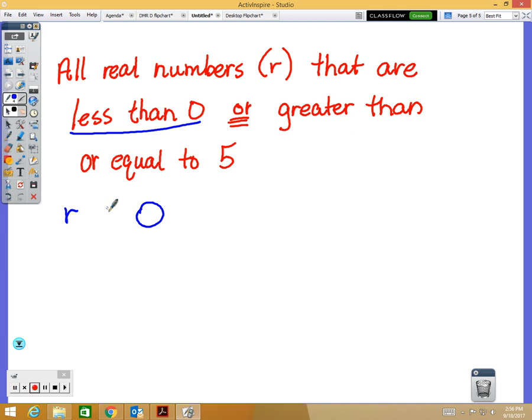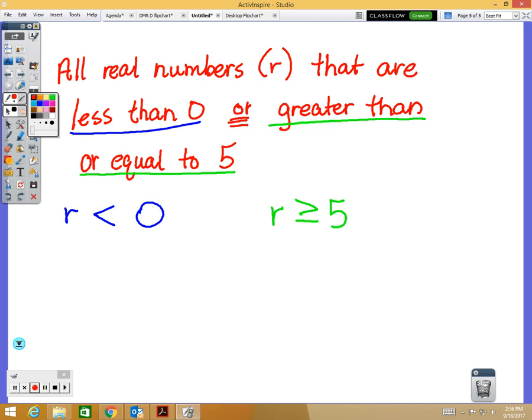R is less than 0. Yes? Okay. Now let's think about if we had "r" and it's greater than or equal to 5. And I'm going to put in between these two things the word "or." Okay? R is less than 0 or R is greater than or equal to 5.